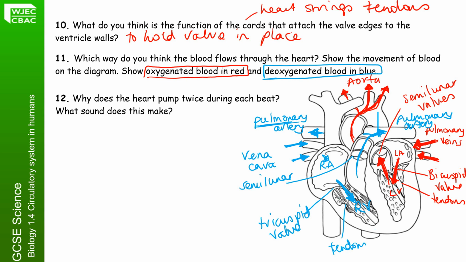One thing I forgot to mention, on here we would have our vena cava bringing in deoxygenated blood from the lower part of the body and the upper part. And if I swap back to red, we would also have our aorta taking our oxygenated blood back down to the lower parts of the body as well.